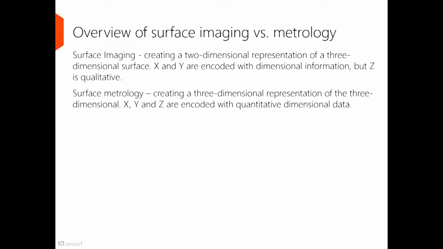Basically like taking a photograph. X and Y will be encoded with dimensional information, so we could actually make measurements for the size of things in X and Y. But any topography we recorded in surface imaging is going to be purely qualitative. Whereas surface metrology in this case will make a full three-dimensional representation of the surface where all three axes, X, Y, and Z, would be encoded with dimensional data.